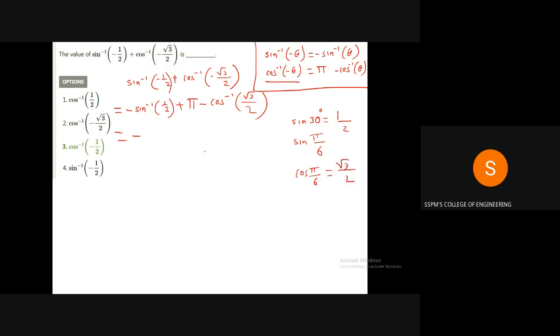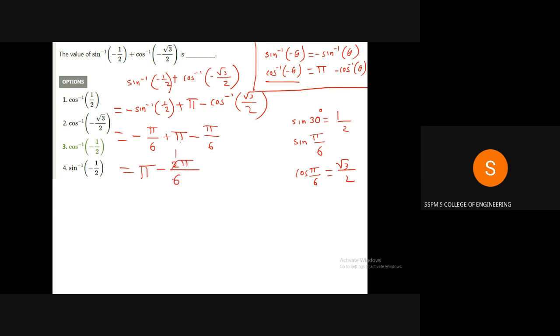So we replace these values here: minus pi by 6 plus pi minus pi by 6. We have pi here, minus pi by 6 minus pi by 6 is minus 2 pi divided by 6.